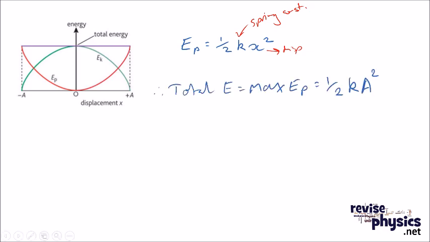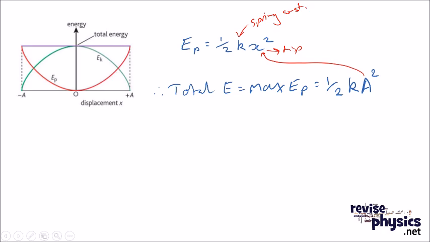And we also know that the total energy in the system is equal to the maximum potential energy. So therefore we substitute our A in for our x, and we get that the total energy in the system is equal to 1/2 k times the amplitude squared.